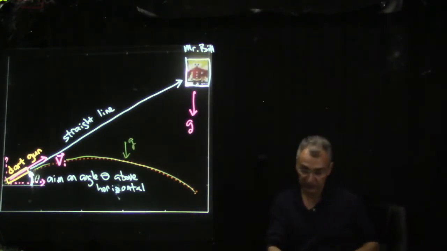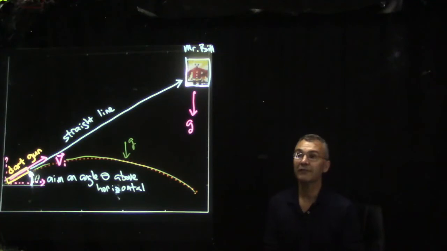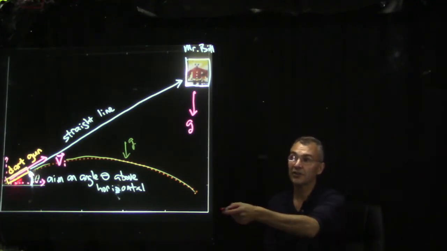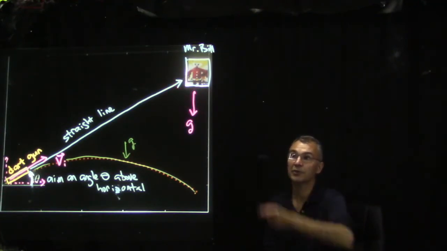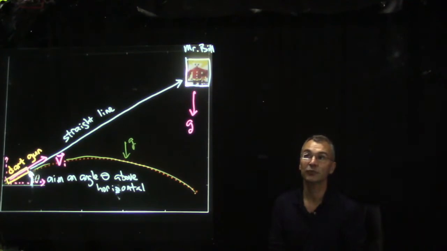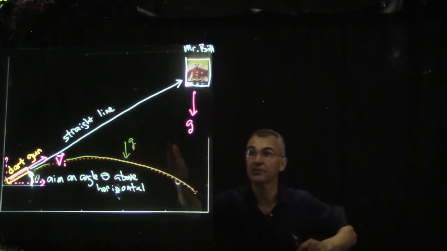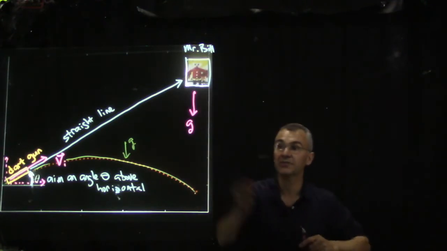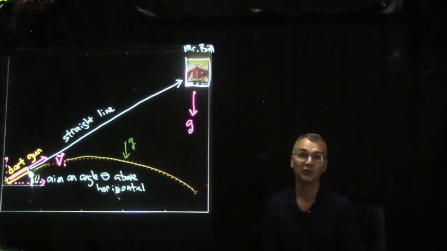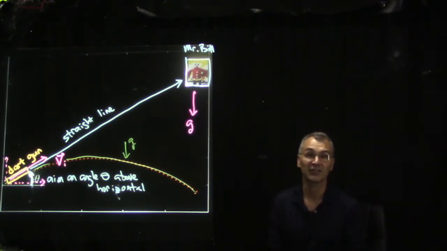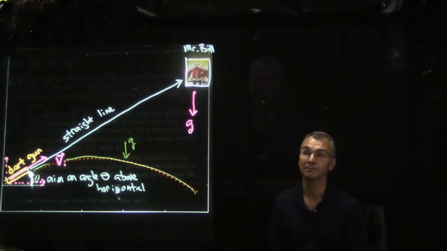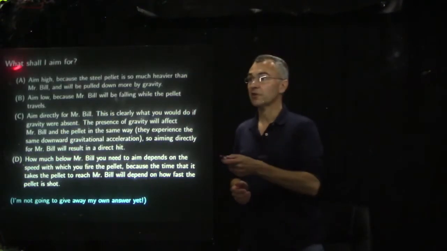And so the question is, well, will gravity affect the dart and affect Mr. Bill in equivalent enough ways such that by the time the dart crosses the path of Mr. Bill, they will actually be at the same altitude, and therefore the dart will strike Mr. Bill, thereby tranquilizing him and allowing me to collect safely a DNA sample from Mr. Bill. So what shall I aim for?